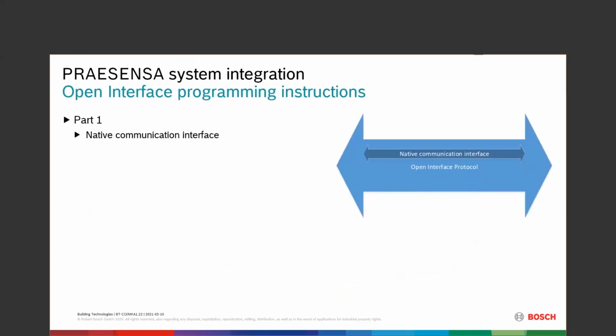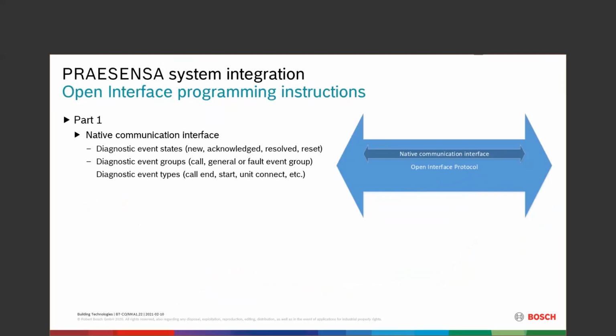So the native communication interface, what can it do? You have the diagnostic event states: new, acknowledged, resolved, reset. You have diagnostic event groups with call, general or fault event groups, and the diagnostic event types, so you have a call end, a call start, a unit connect, etc. These are the diagnostics you can obtain from it.